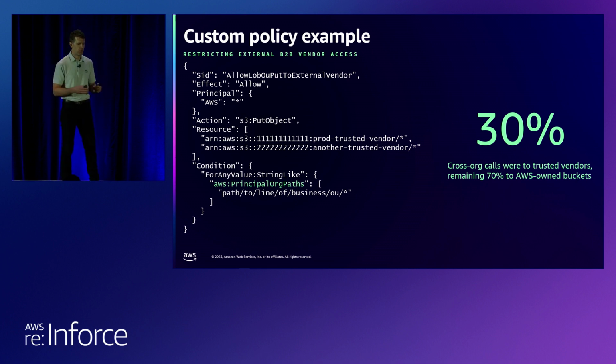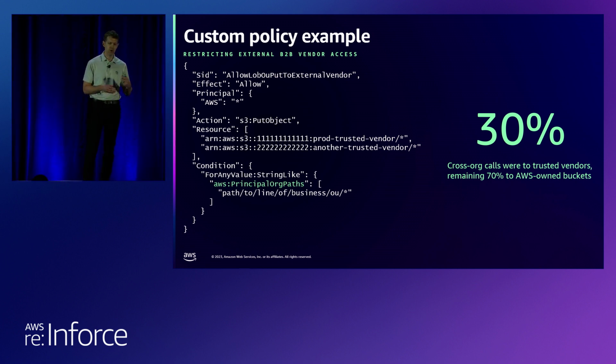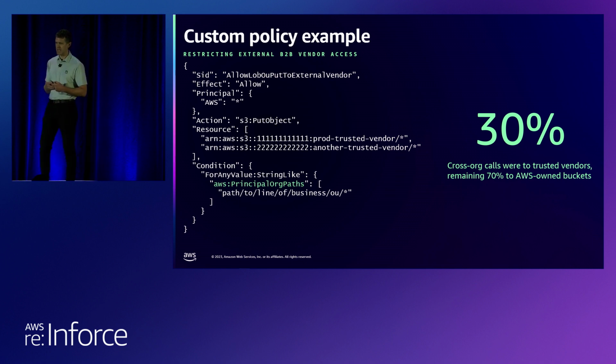And in this example, you see how we're restricting access to principals in a specific OU to two trusted vendor buckets. Again, the idea here is really hardening that external boundary and being very explicit about the external resources that our principals can access.